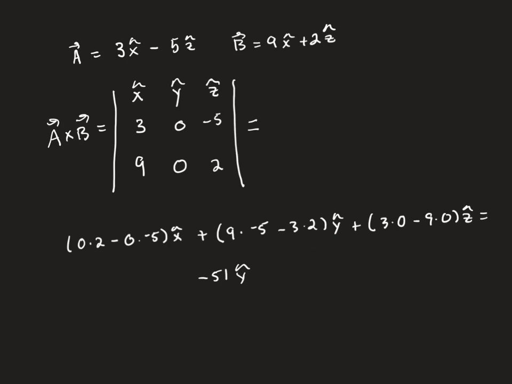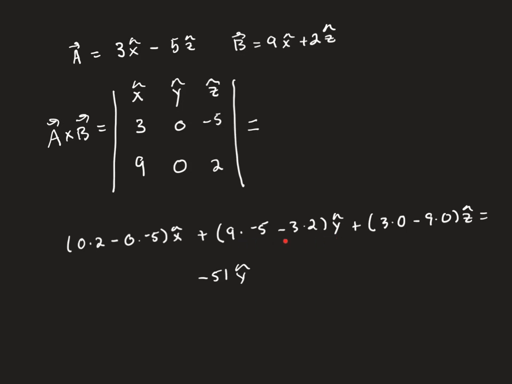So I will have a y term, and that makes sense because our components are in the x and the z direction, not the y direction, so perpendicular to the xz plane is the y direction. And then lastly, I'm going to cover up my z column, and I'm going to do 3 times 0 minus 9 times 0, which is still 0, so there's no z term.